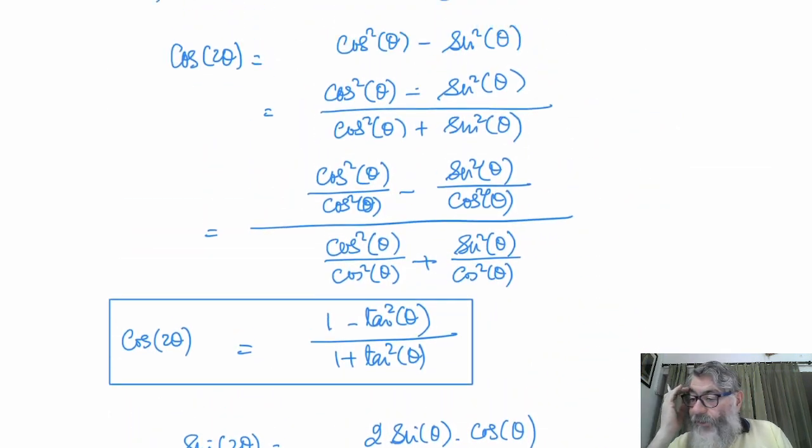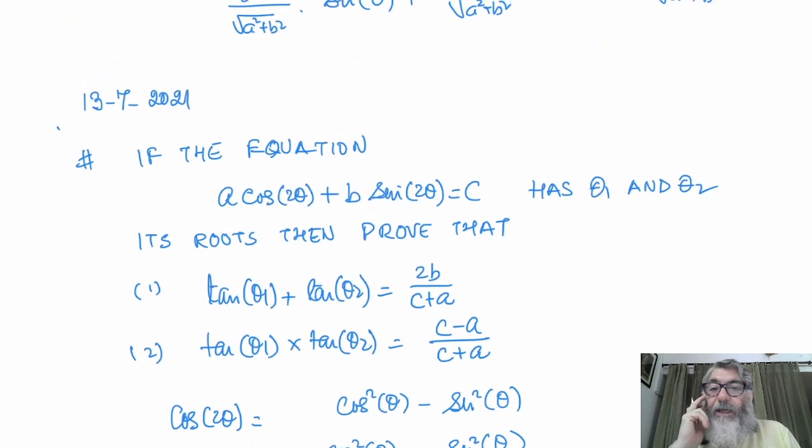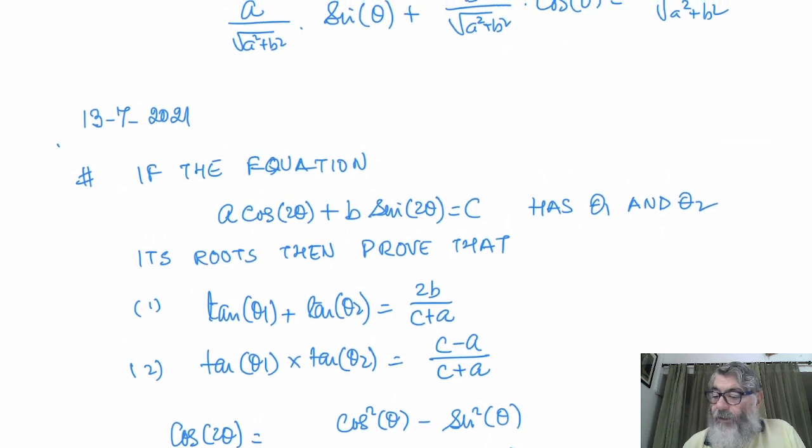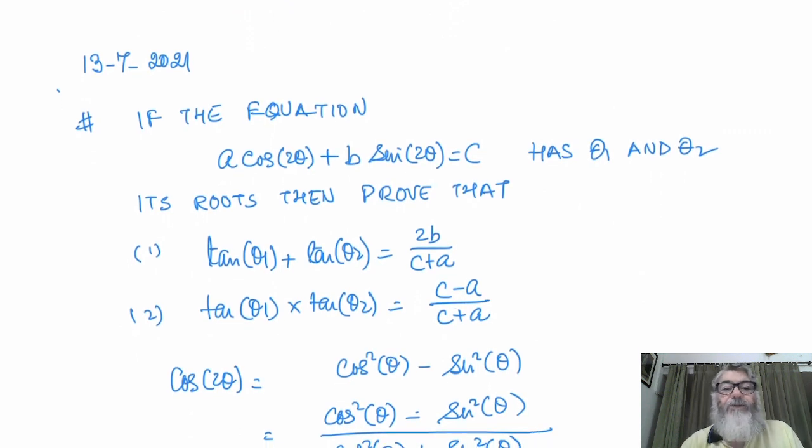He says that the equation a cos 2 theta plus b sin 2 theta is equal to c has theta 1 and theta 2 as its roots, then prove that tan theta 1 plus tan theta 2 will be 2b upon c plus a, and tan theta 1 into tan theta 2 will be c minus a upon c plus a. So what I did was I wrote cos 2 theta in terms of tan theta, because you are seeing the roots are coming in terms of tan. So I have to convert cos 2 theta in terms of tan theta, which I did by writing cos square theta minus sin square theta.